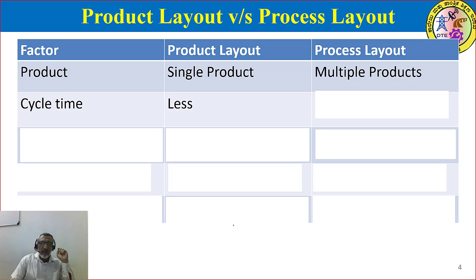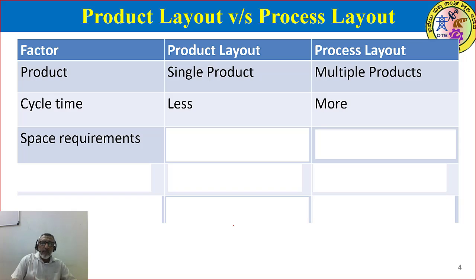Then the cycle time. The cycle time is very low, which means production is fast in the product layout. Here the cycle time is comparatively more in the process layout. To complete a production cycle, it takes more time in a process layout. Then the space requirements for arranging all the machines and equipment. In the product layout, we don't need much space.